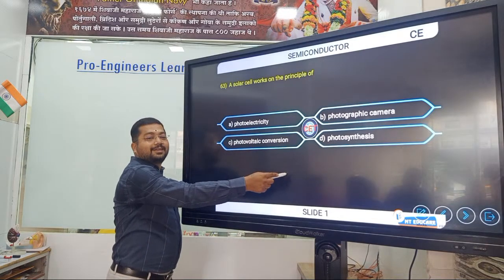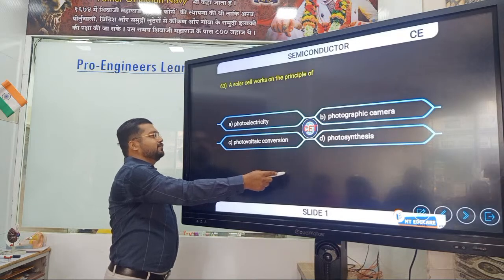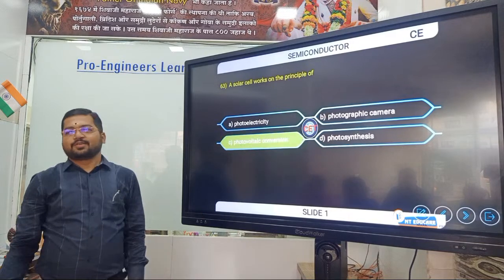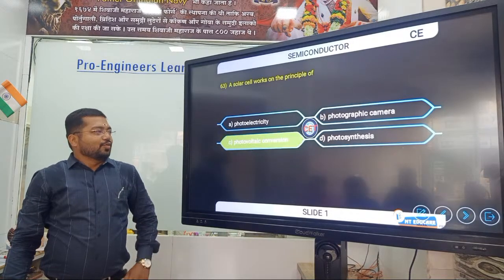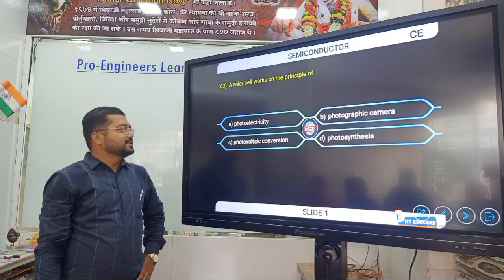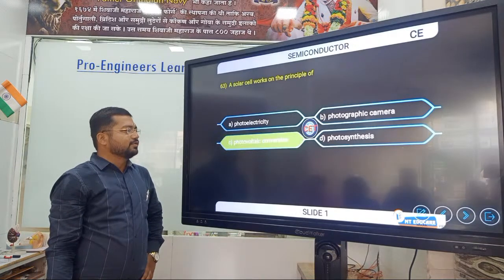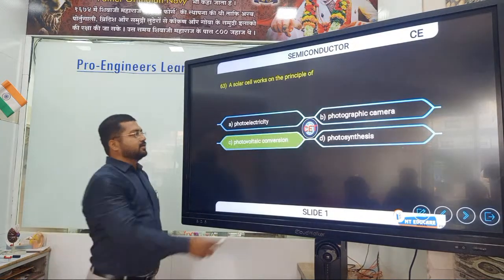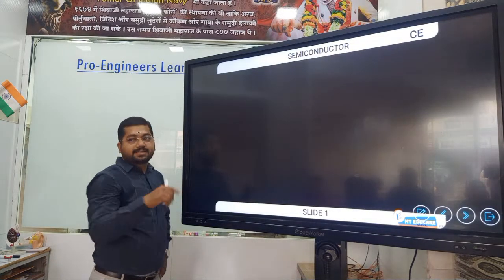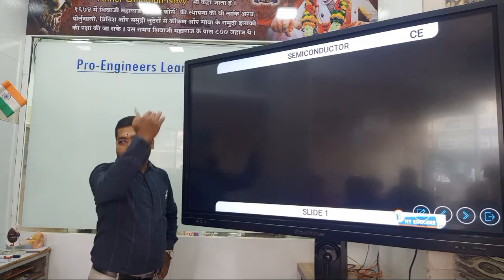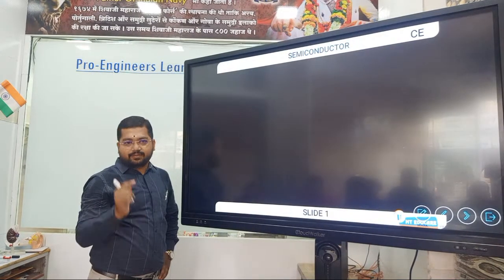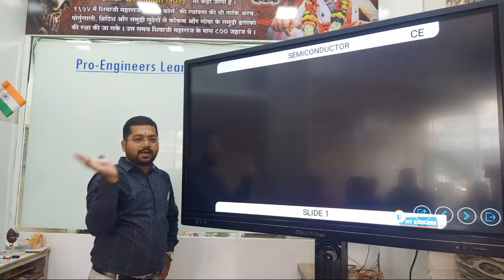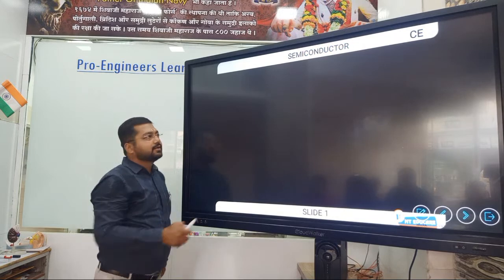Lock it. Umar ji's answer given in a hurry is wrong. It works on photovoltaic conversion, because it is converting, no? Whatever photons it receives, as in the very first line we heard, it converts solar energy into electrical energy.